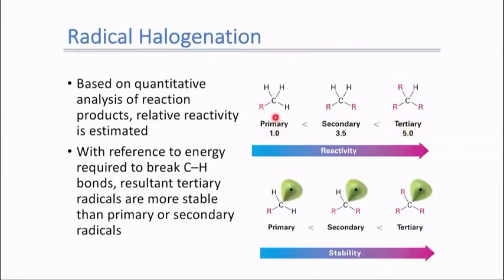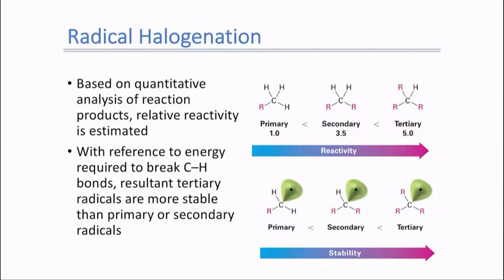So hydrogens on primary carbons, hydrogens on secondary carbons, and hydrogens on tertiary carbons. And based on quantitative analysis of a reaction, we can figure out the relative reaction rates for each type of hydrogen. So if it's a primary hydrogen, the reactivity is 1.0. Secondary hydrogen is 3.5. So that's 3.5 times as likely to be substituted with a halogen versus a primary. Tertiary is 5.0. So that's 5 times more likely to be substituted than a primary. So tertiary is a much more favorable one to be substituted.